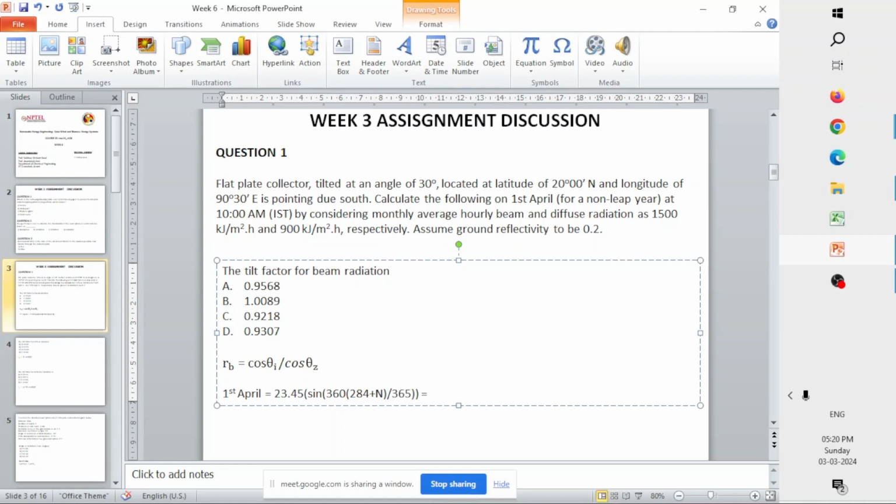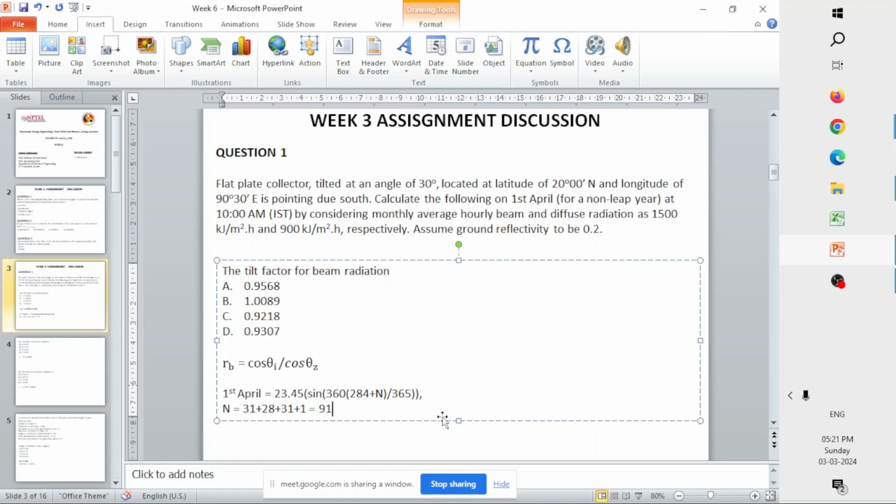So the n value for April 1st: January has 31, and since it's a non-leap year, February 28, March is again 31, and plus 1. So that is for April 1st. So the value will be 91.